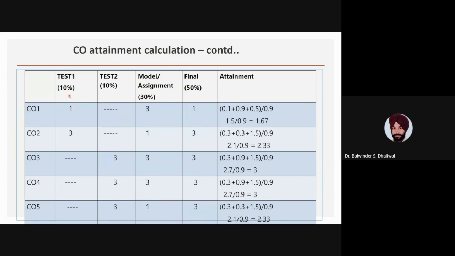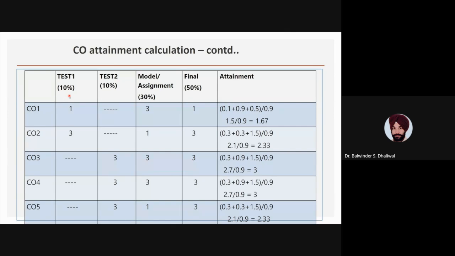How much weightage is given to test 1 in the final will be written under that. Test 1 weightage is 10%, test 2 is again 10%, model assignment is 30%, and semester end examination weightage is 50%. This weightage is variable, so you can change it as per your requirements and local conditions, right?